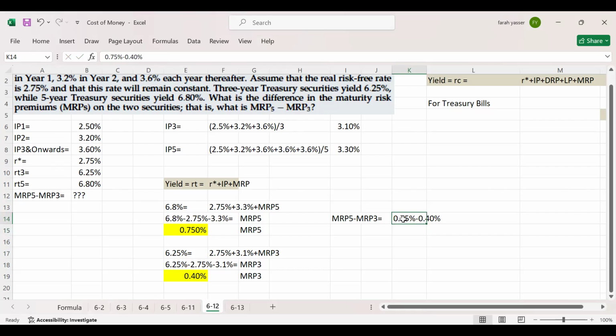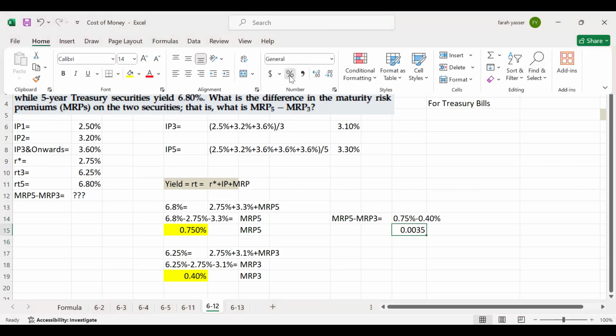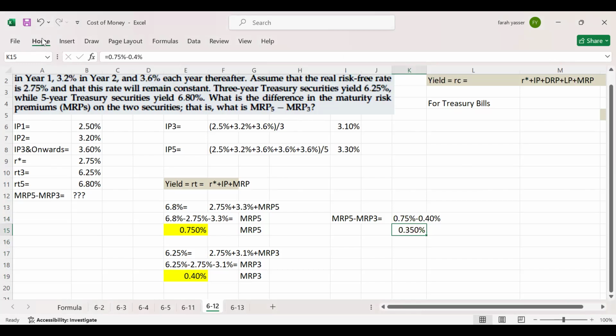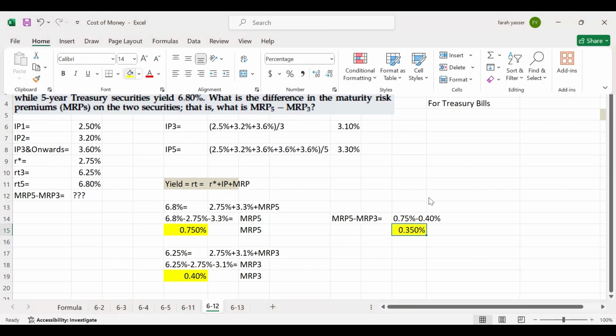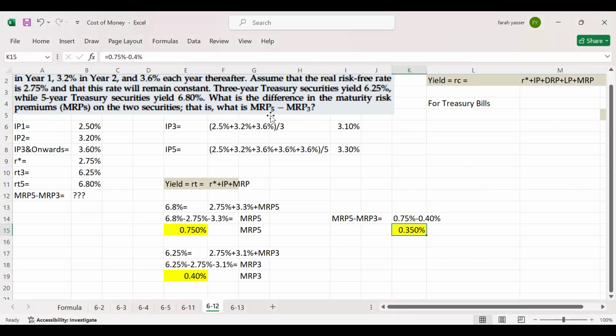And the answer would be this one. So this is our answer, the difference between these two securities. 0.35. So 0.35 is basically our answer. The requirement is the difference between these two MRPs, maturity risk premium.